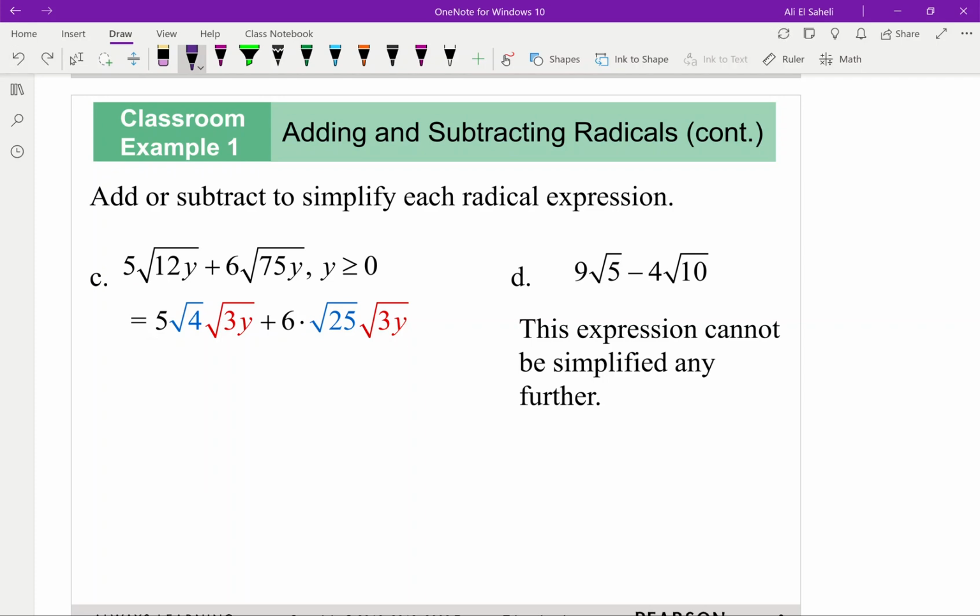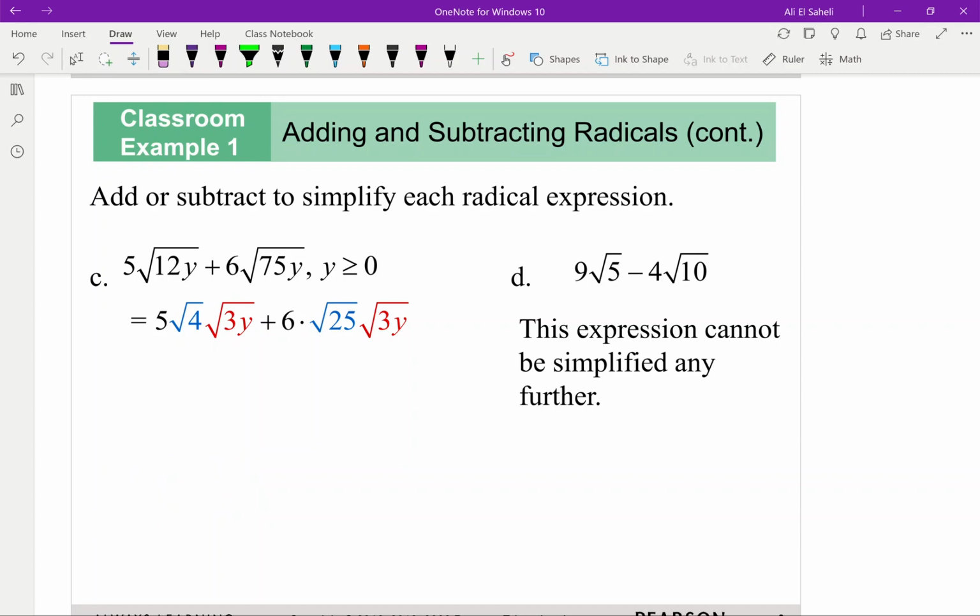Radical 12 is radical 4 times radical 3. Okay, we separated the 4 because the radical 4 would be 2. And you are left with 3y. So you have radical 4 times 3 times y. Okay, the 4 goes out as 2. And you're left with radical 3y.